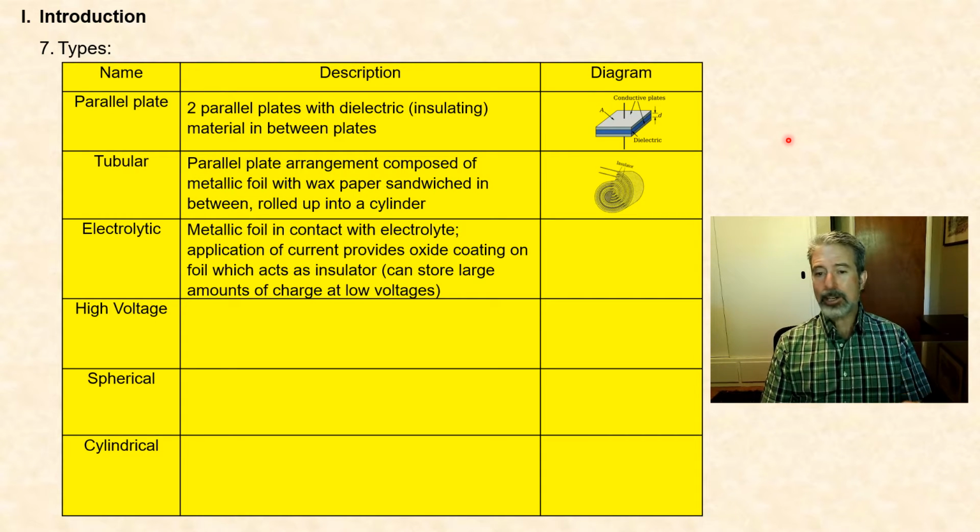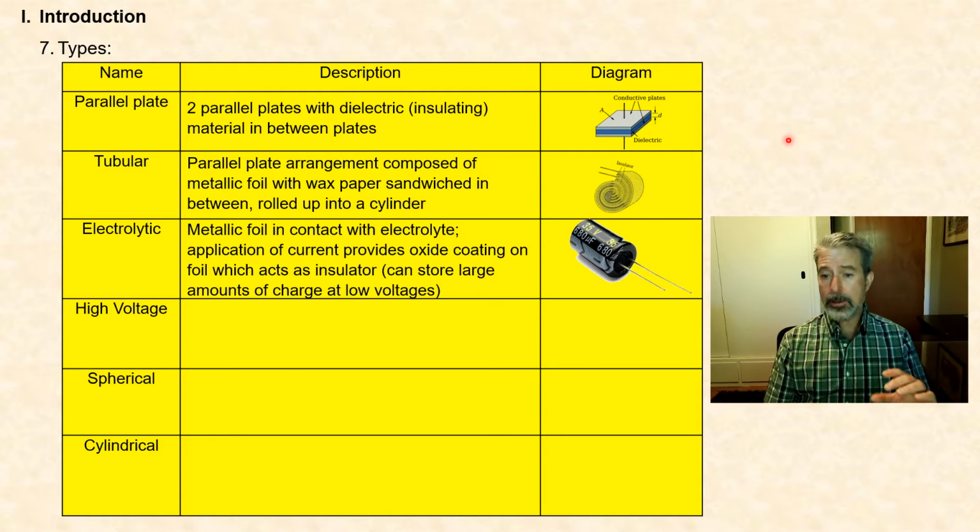The big advantage here is that oxide coating can be very thin, in which case, you can get these two pieces of foil, these conductors, to be pretty close to each other. And not only is it thin, so it doesn't take up a lot of space, but in addition to being thin, that oxide coating can be a really, really good insulator.